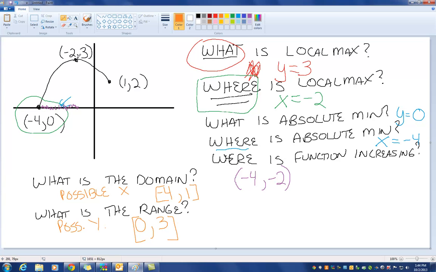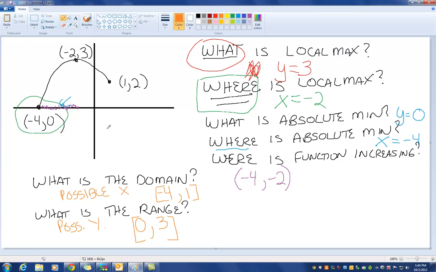Sometimes one of these local maxes can also be an absolute max. That's in fact the case here. But this absolute min here isn't a local min because there's no neighborhood around. There's no mountaintop or valley. So it's just an absolute minimum. And where it is, at x equals -4. What it is, at y equals 0.